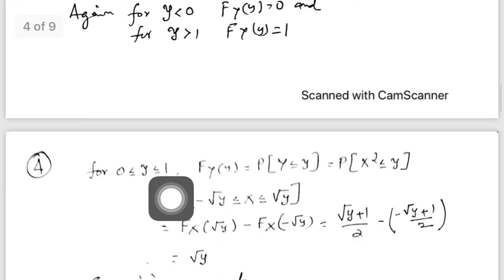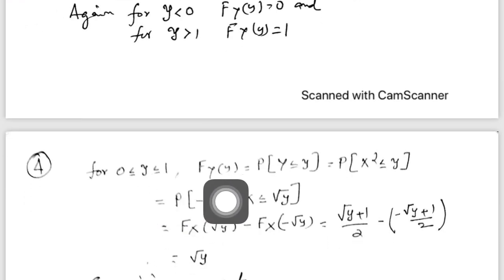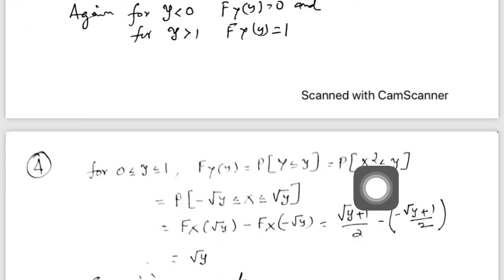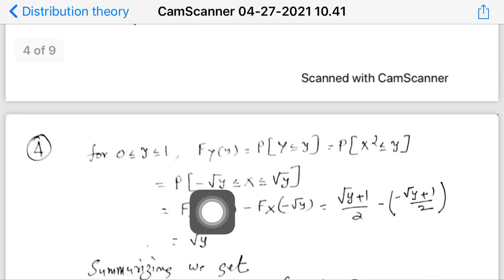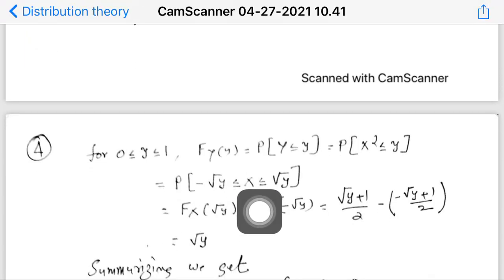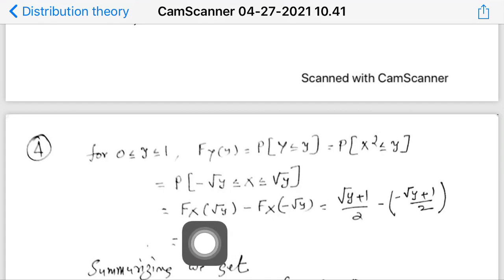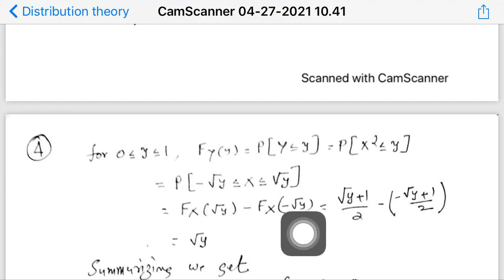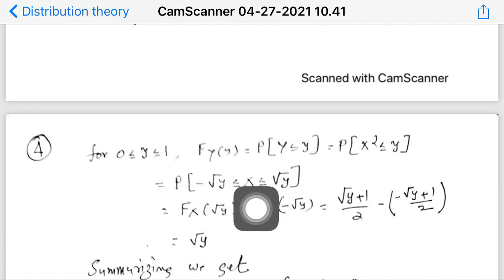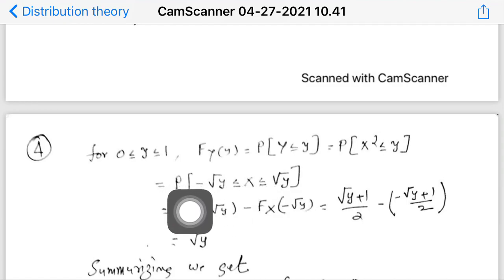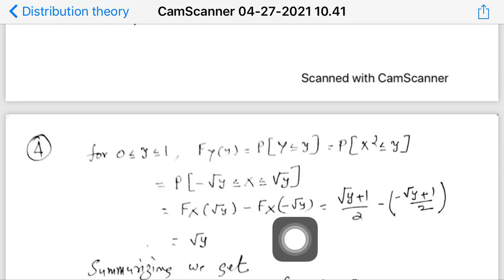Okay, and then for y lying between 0 to 1, you can find the distribution function directly using this probability that minus root y less than or equal to x less than or equal to root y, that is equal to F x of root y minus F x of minus root y, because probability that a less than or equal to x less than or equal to b is nothing but F of b minus F of a, right, for a continuous random variable.